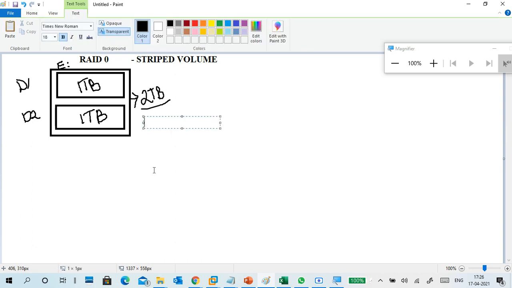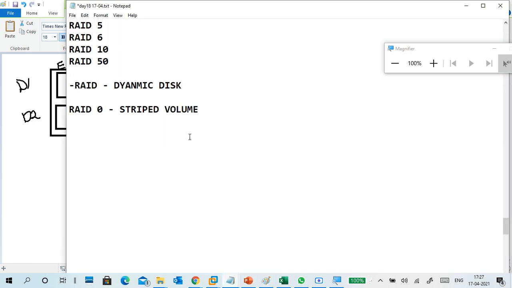But there is one flaw here. If any disk fails, you can use more than two disks also, if any disk fails, total data loss. So you lost all the data. Any disk failure, total data loss, means we can't access the data.